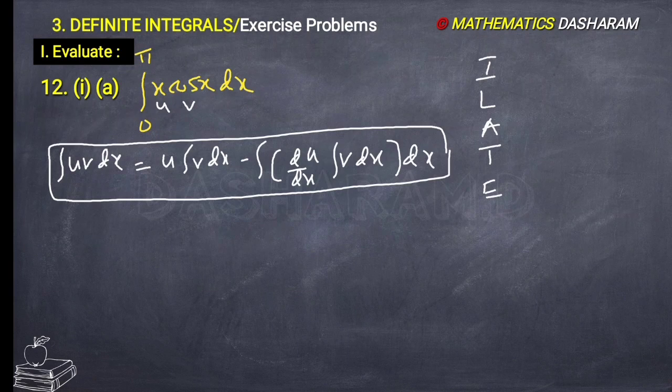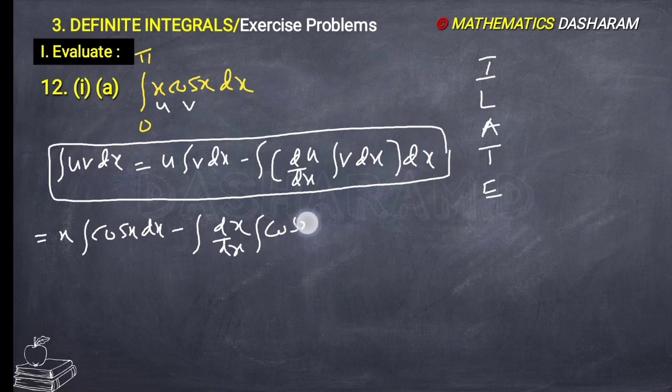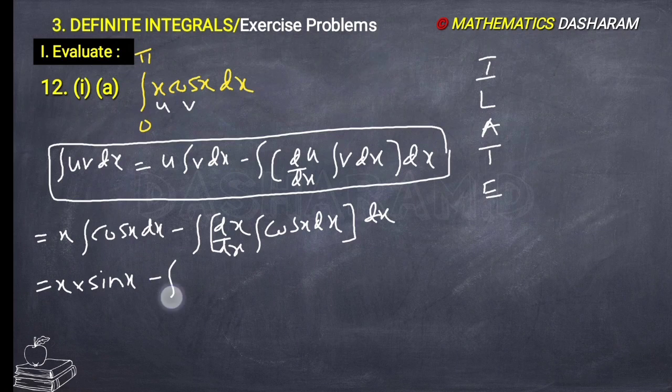So then it is equal to what? u means x into integral cos x dx minus integration d by dx of x, integral cos x dx, whole dx. Then it is equal to x into integration of cos x is sin x, minus integration d x by dx is 1 and integration of cos x is sin x dx.